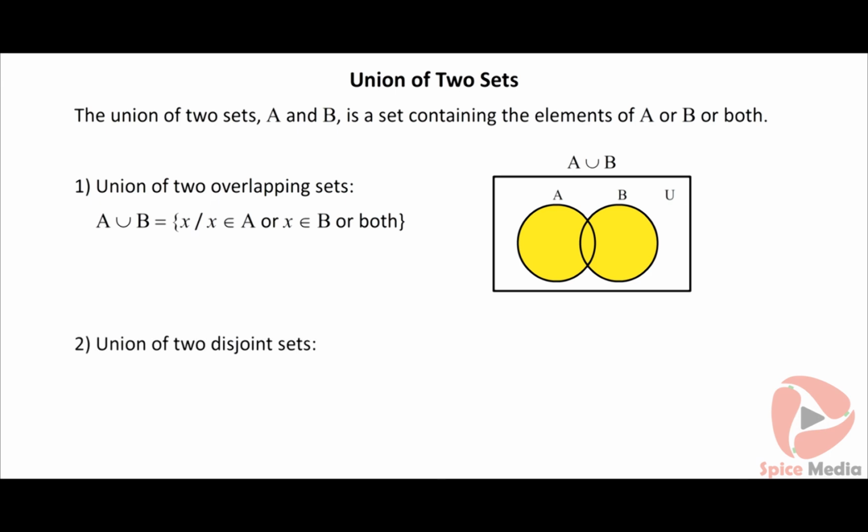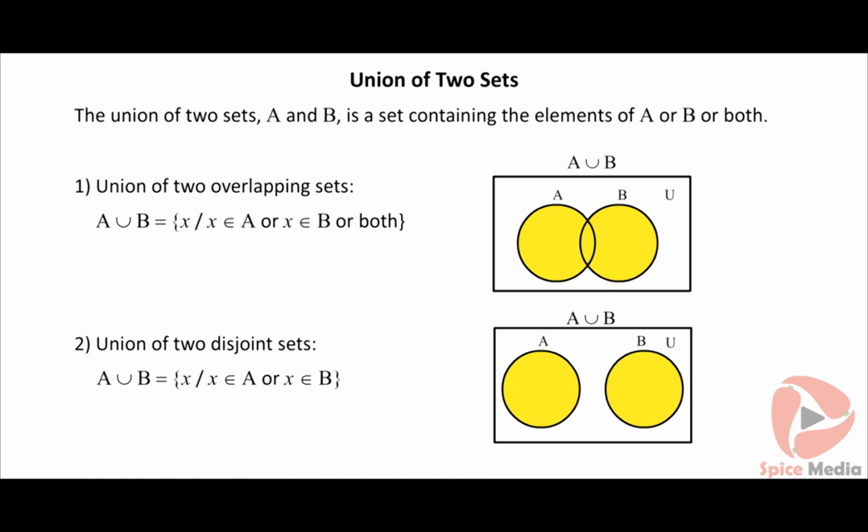Union of two disjoint sets: A union B is a set of all x such that x is an element of A or x is an element of B. In this case, the set A union B contains all the elements of A and all the elements of B.